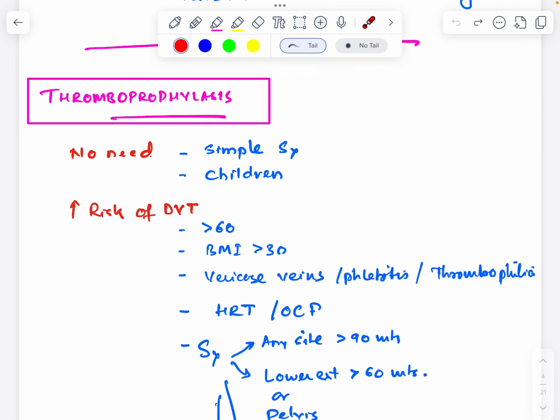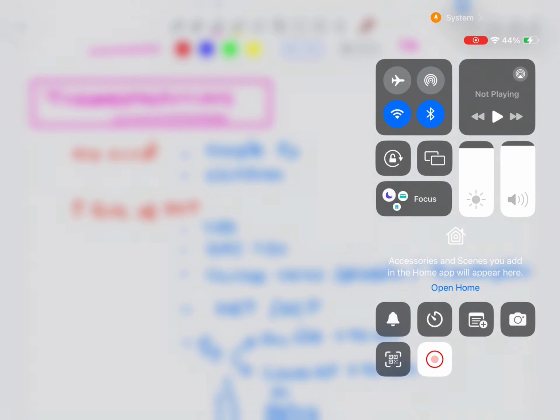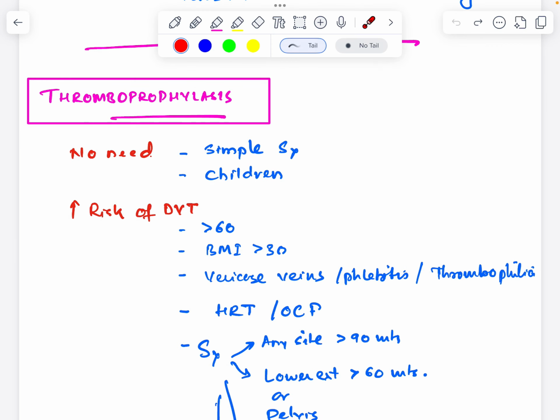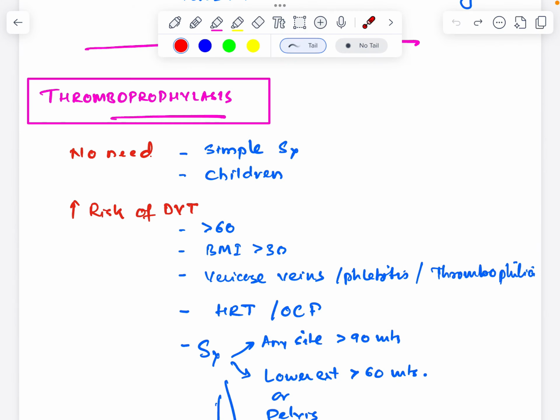So what about thromboprophylaxis for children? There is no need for any surgery.